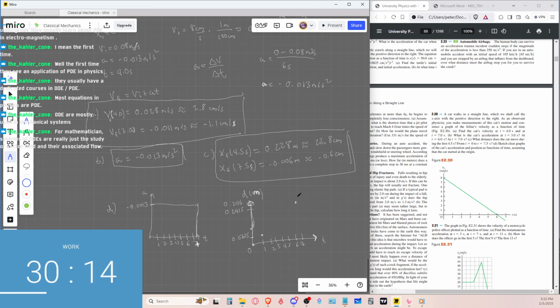So 6 is here. And then 7 is right here. So if we do this... Luckily, I recognized what I was doing wrong with these calculations, because I was putting the distance from the last second as the initial position. And I didn't need to do that, actually.